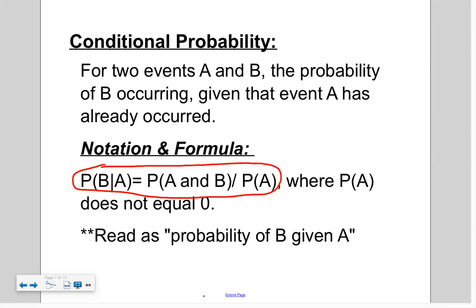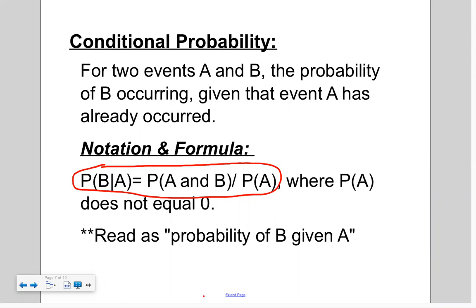The way this is read is the probability of B happening given A. That vertical line is our notation for the word given. It's telling us what our condition is. The condition is that A happens. We want to know the probability of B happening given that A happens.